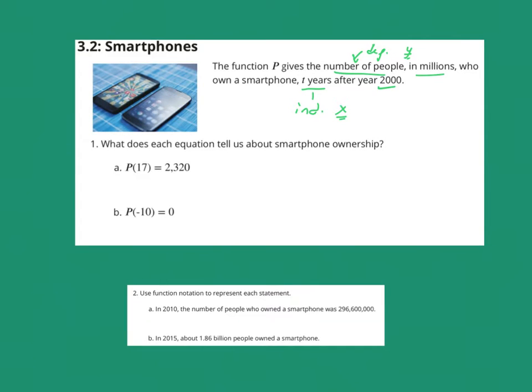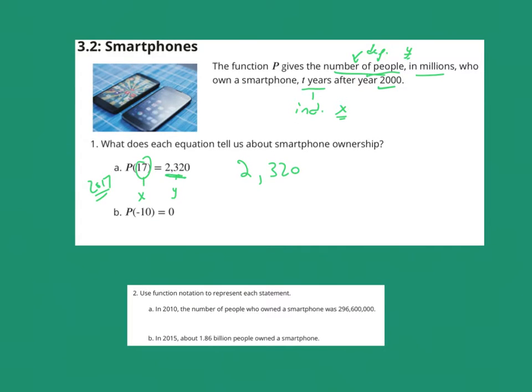What does each equation tell us about smartphone ownership? So again, this is always our independent variable, or our x value, and this is the dependent, or our y value. So it looks to be that 17 years after 2000, or in 2017, the number of people that own smartphones is 2,320 million.